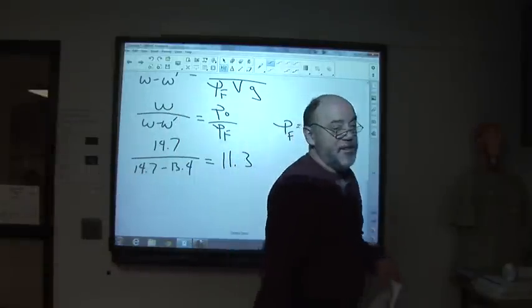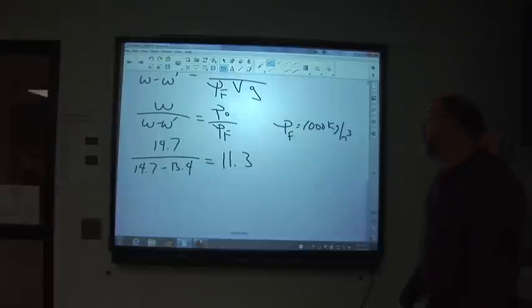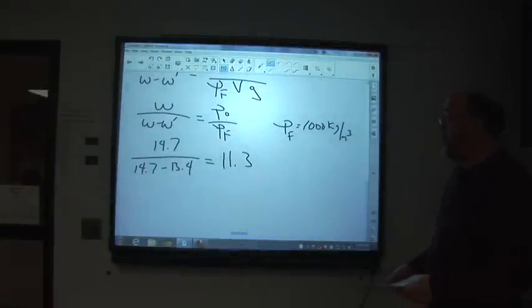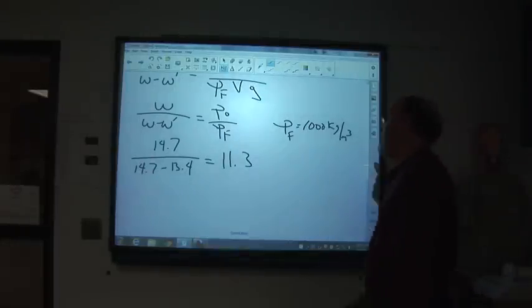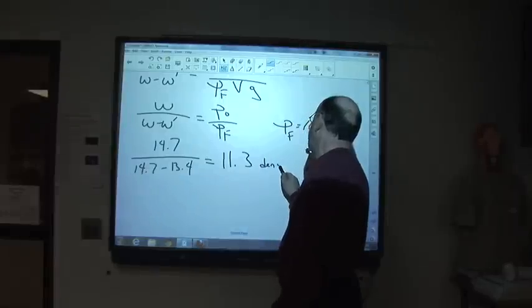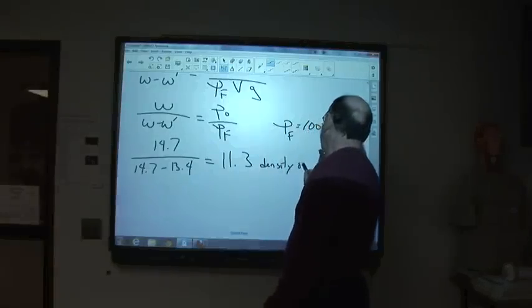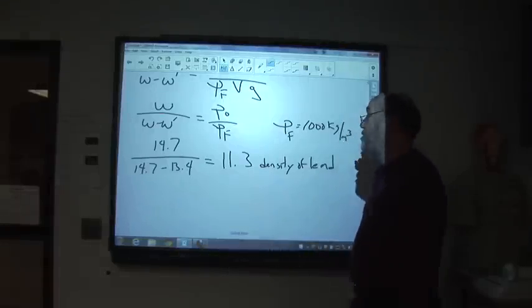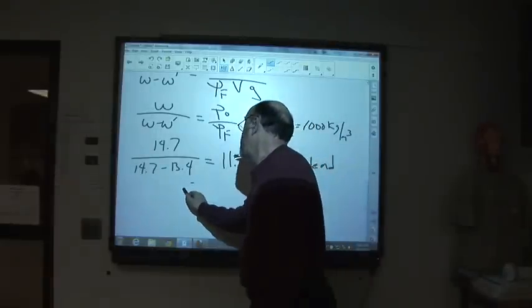And by comparing this number to the chart in the book, which did not copy well to be able to place in here, we find out that 11.3 corresponds to the density of lead, and therefore the crown is not gold.